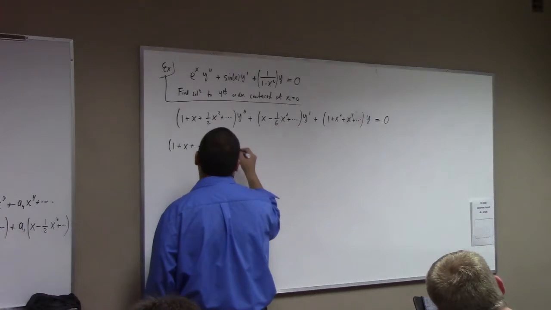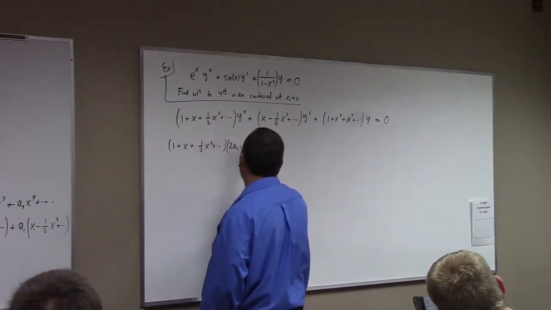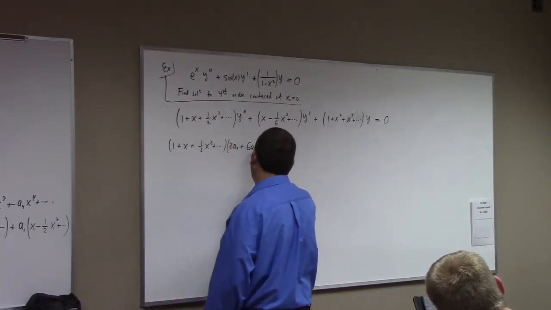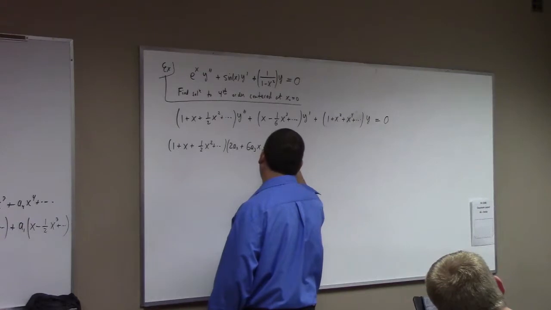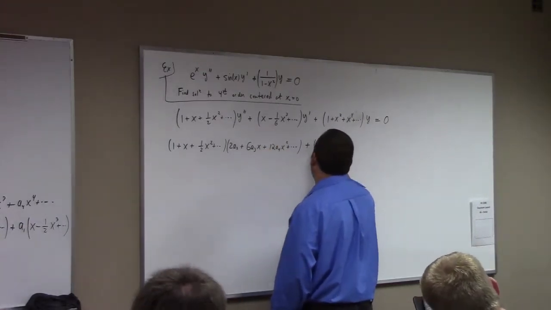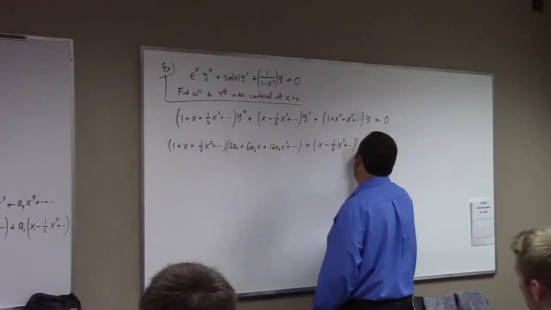What was y prime prime? It was 2a2 plus 6a3x plus 12a4x squared. And then I've got x minus 1/6 x cubed. What's y prime?